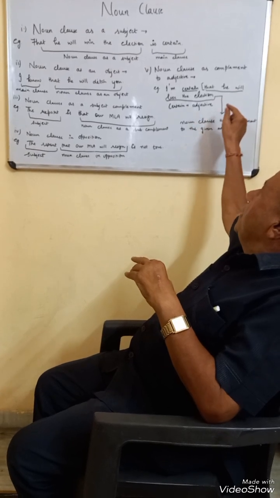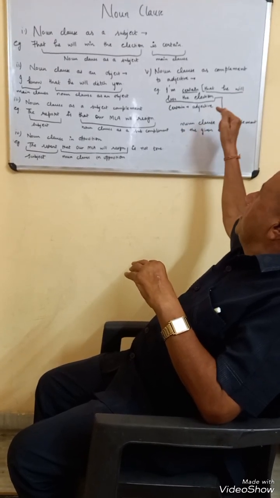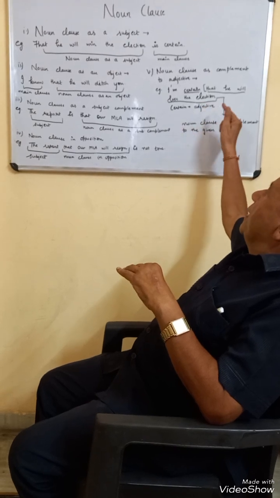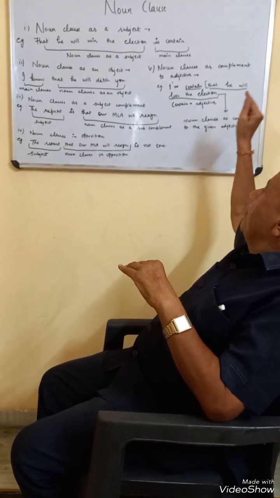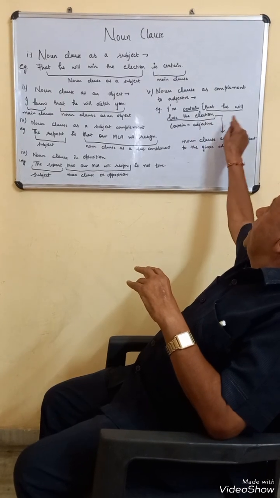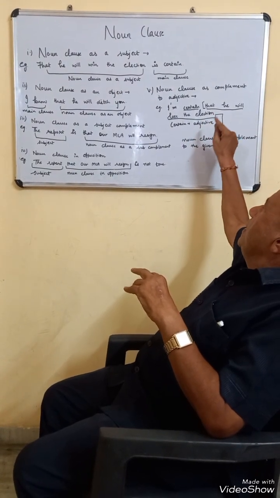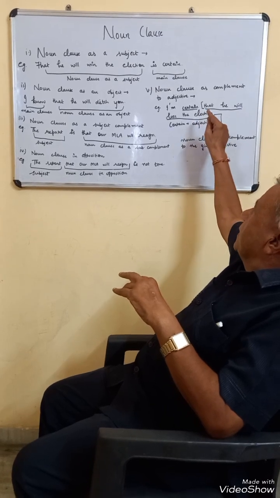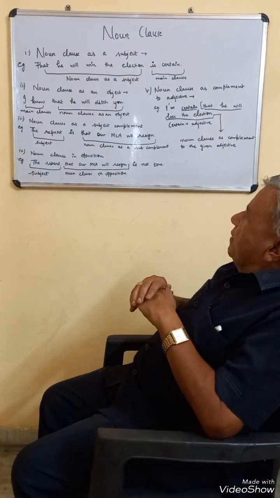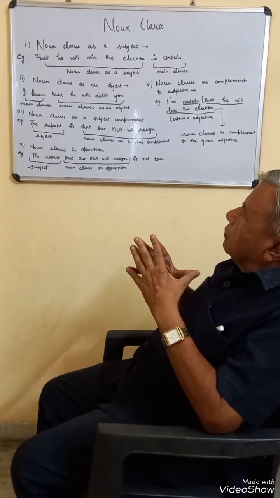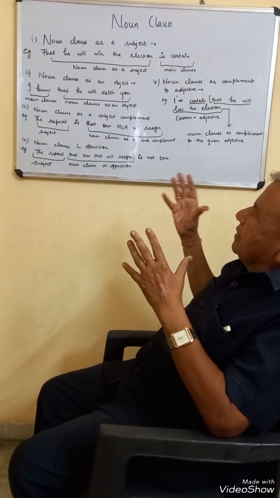So when a noun clause makes the meaning of the adjective clear, then it becomes a complement to the adjective. So here, that he will lose the election is a noun clause as a complement to the adjective certain. In this way we have discussed the various functions of a noun clause that begins with that.